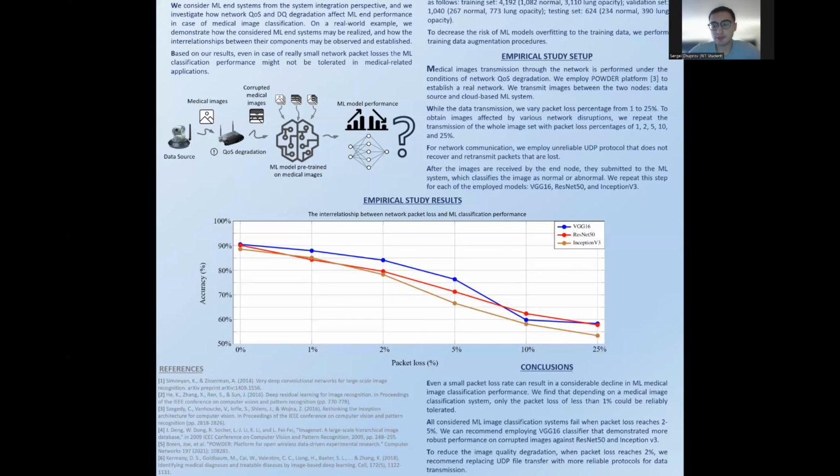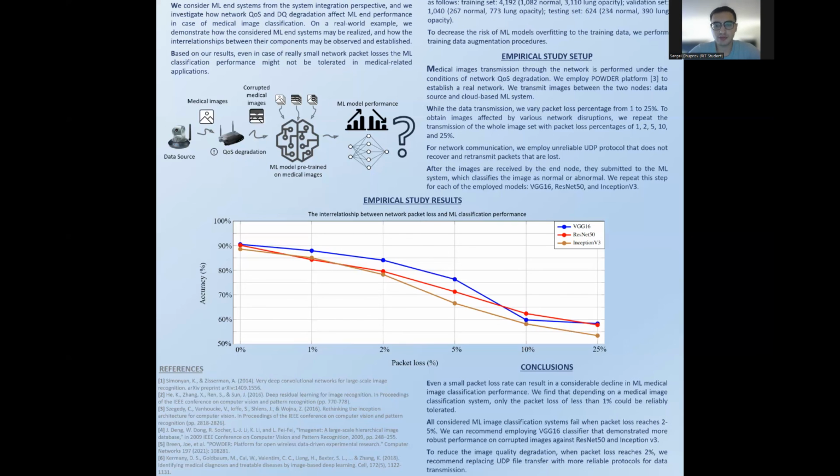We can recommend employing VGG16 from our considered examples, which demonstrated more robust performance on corrupted images compared to the considered ResNet 50 and Inception version 3.